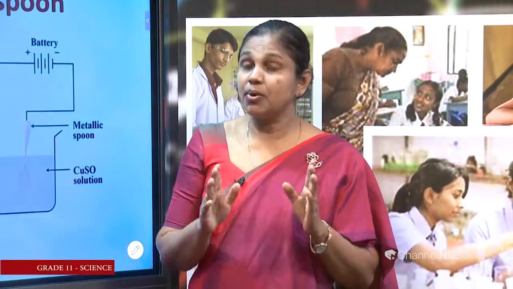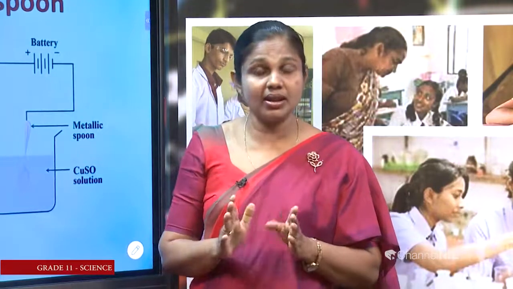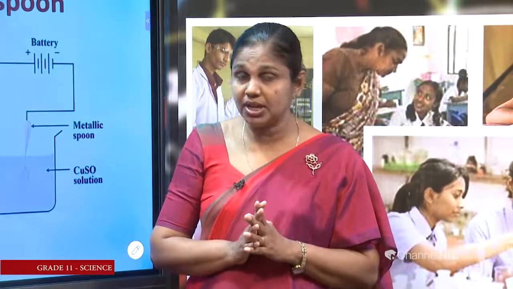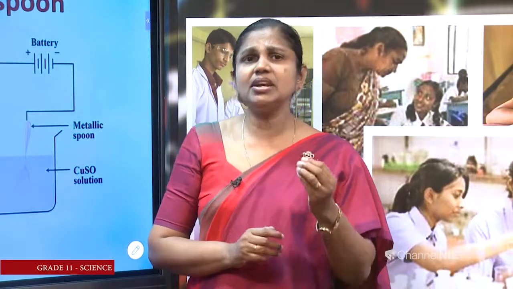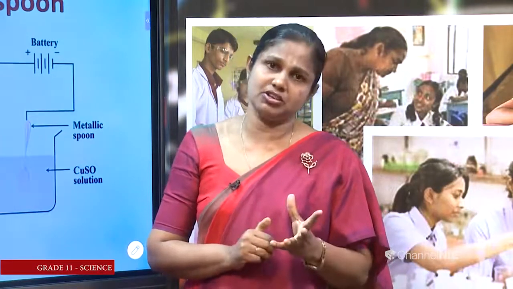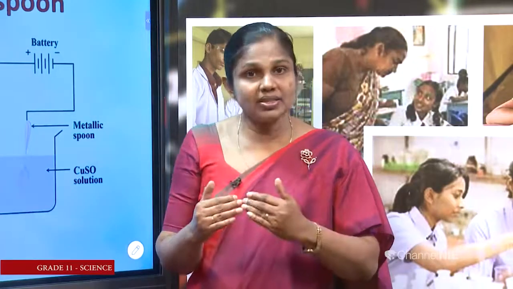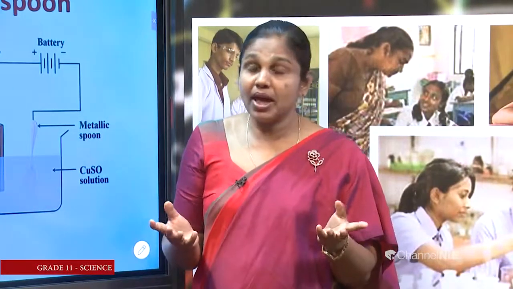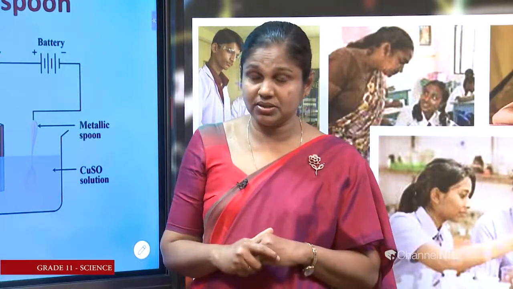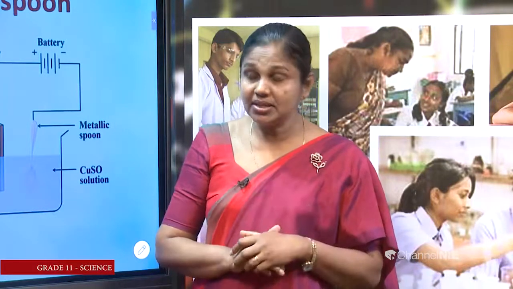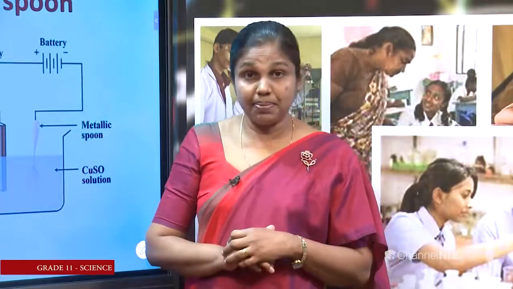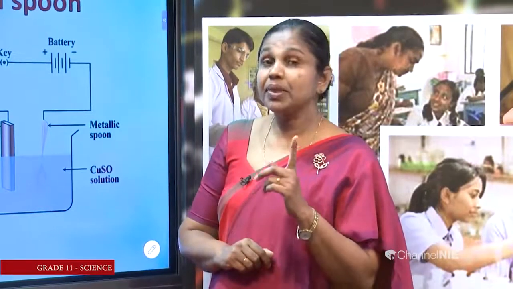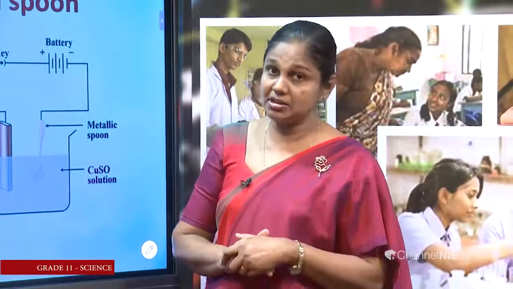If we use both carbon rods and only the dilute copper sulfate solution, there is a limited number of copper ions in the solution. Once copper ions get finished, then the current flow stops in the solution, children. Because of that, the anode must be replaced by a metal of the same metallic ion in the solution.